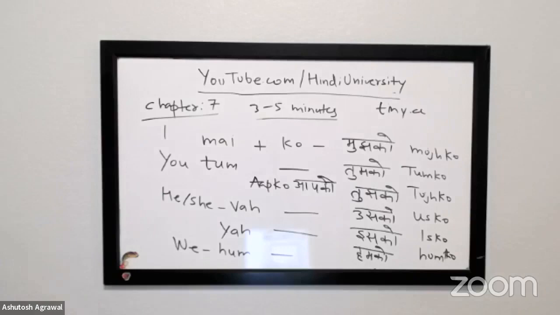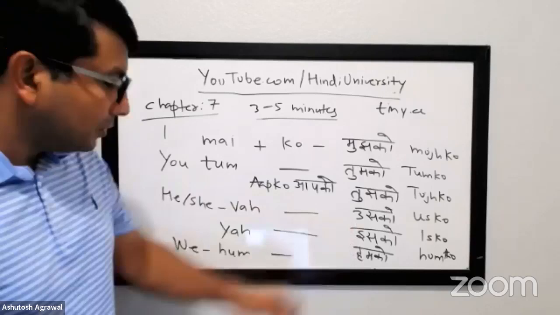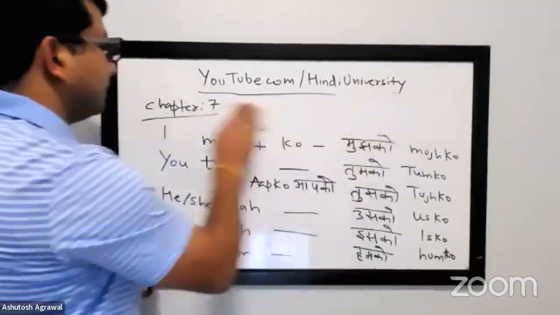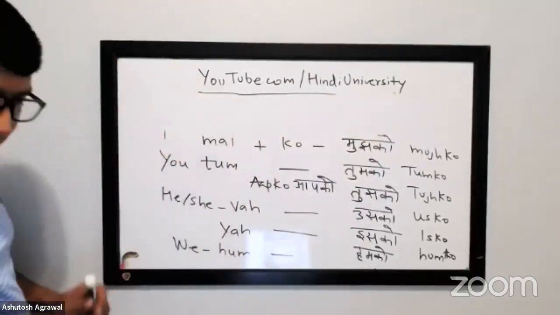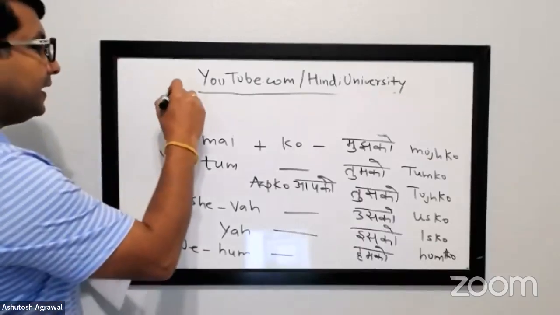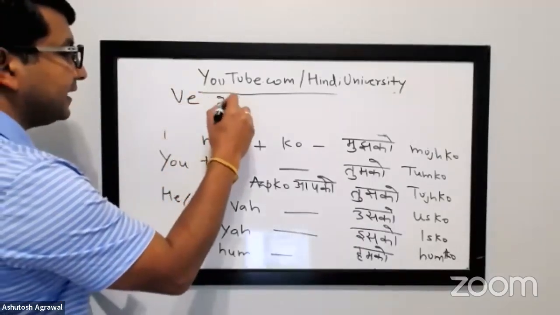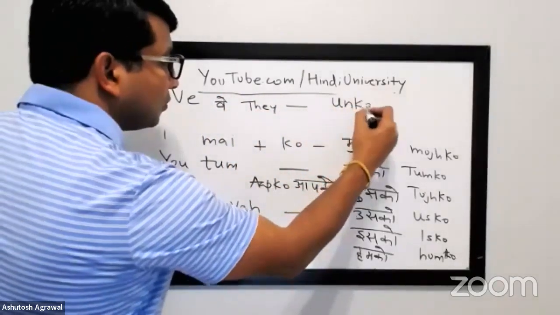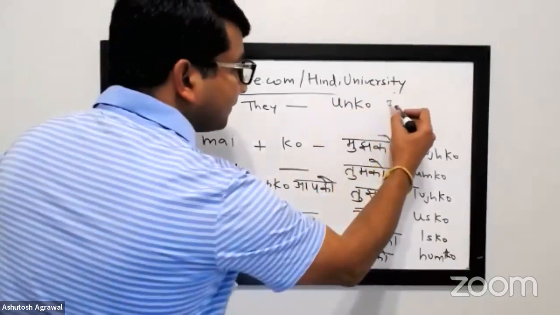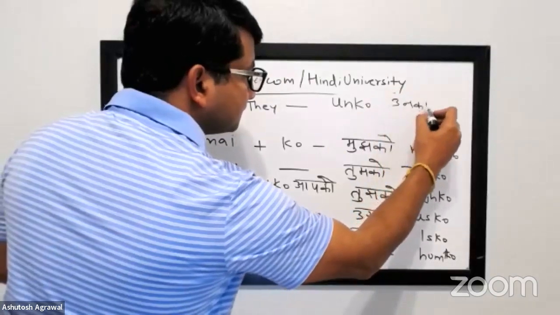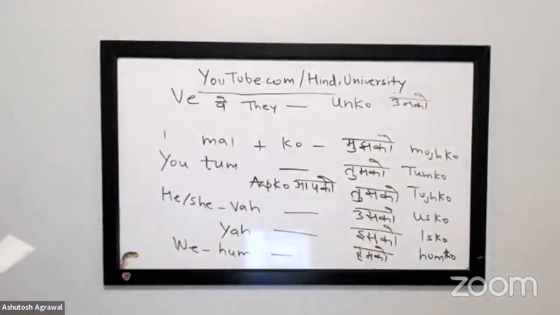And then similarly, they, the plural of usko or isko. I'm going to write it down actually. Then we have वे, which is they, and that becomes उनको, or उन्हें. उनको, and then इनको.